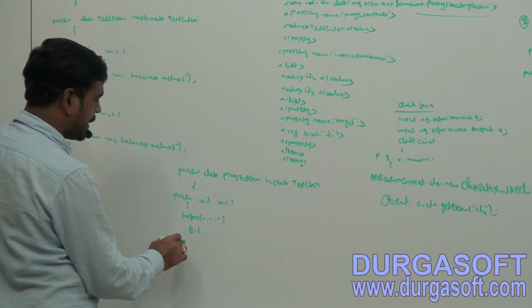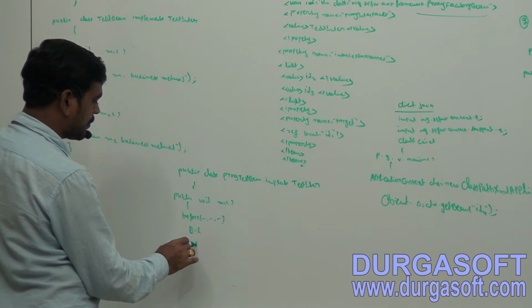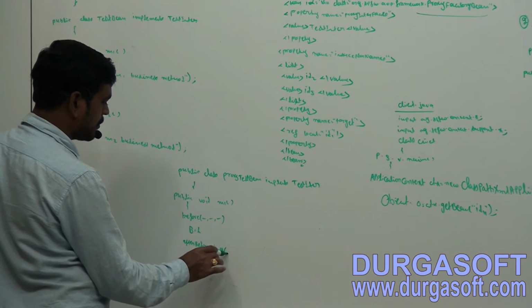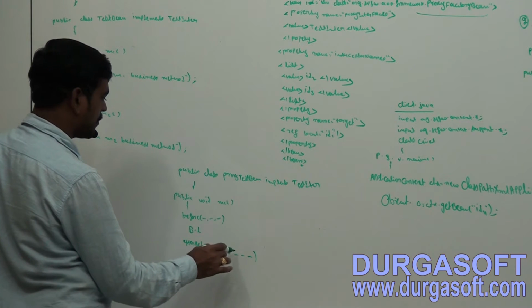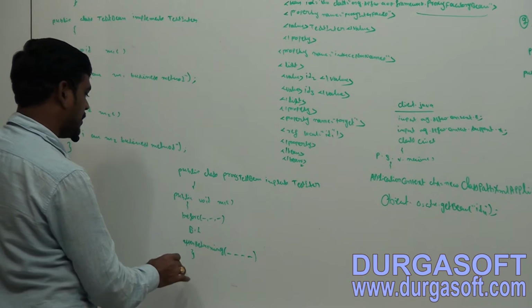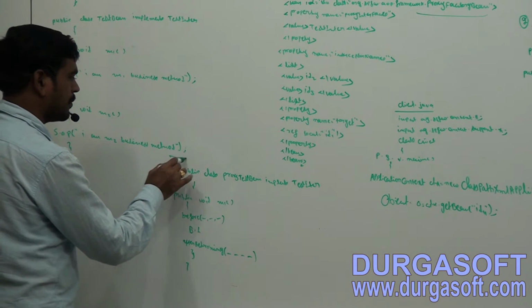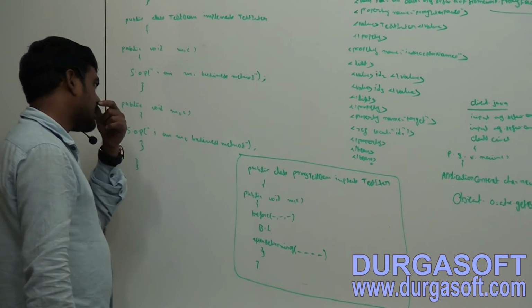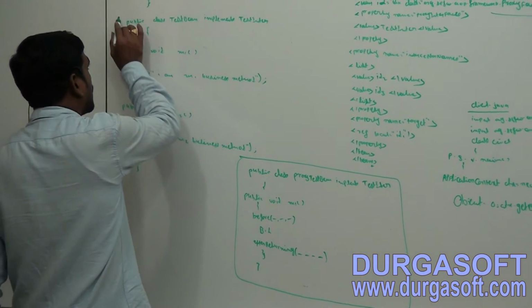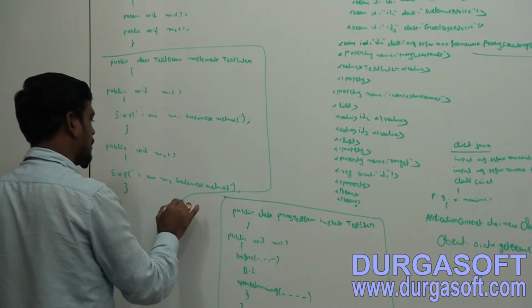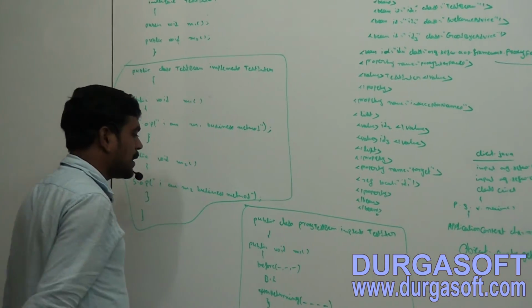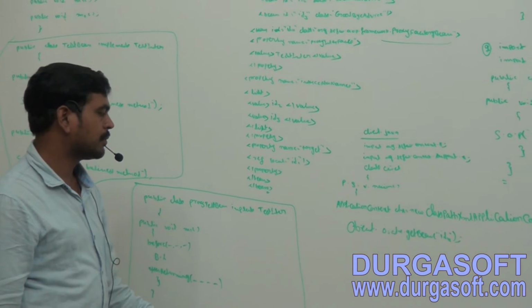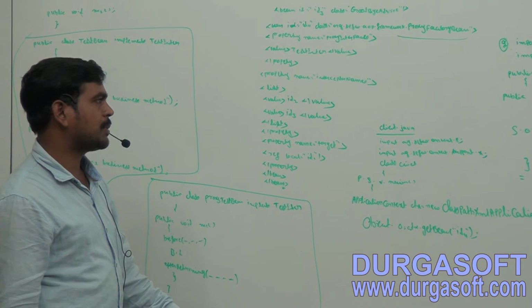The next, after returning, close the method, close the class. This is the proxy class. This is the programmer-created target class. This proxy class is going to be generated.